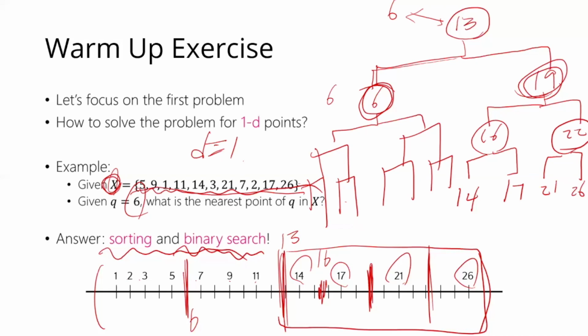In this case, it's kind of a trivial example, but let me continue. In case of 6, what do we have? 6 is basically the same as 6. So there's an equal chance that there's an object on the left-hand side and on the right-hand side that are closest to the query point. So I'm going to visit the left-hand side and repeat the similar logic.